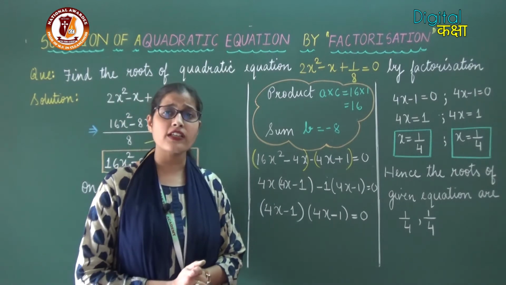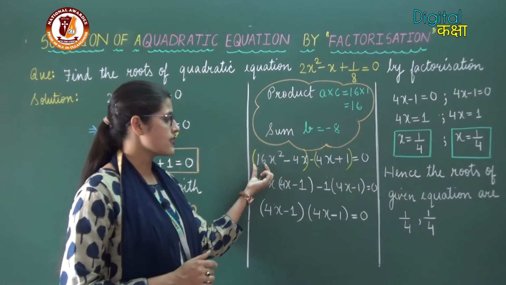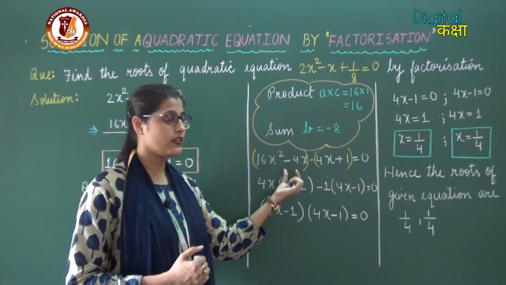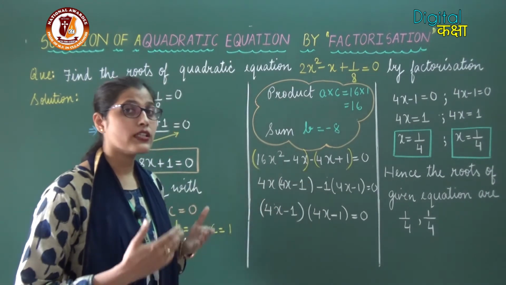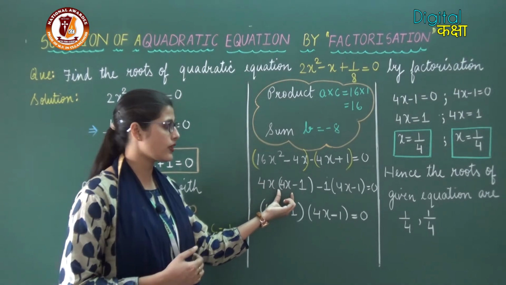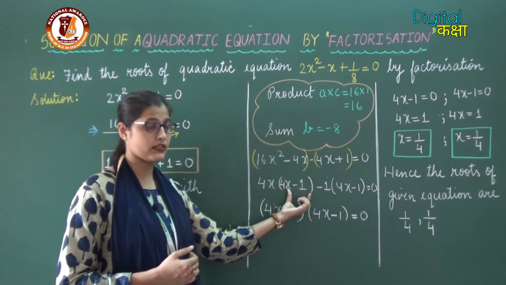Now, let us find out the common factors in each group. Since 16 and 4 are divisible by 4 and x is also common, we will take out the common factor as 4x. We will be left with 4x minus 1 in the bracket.